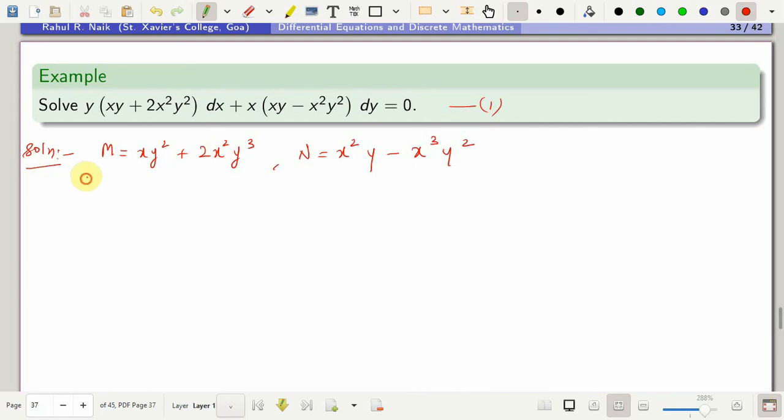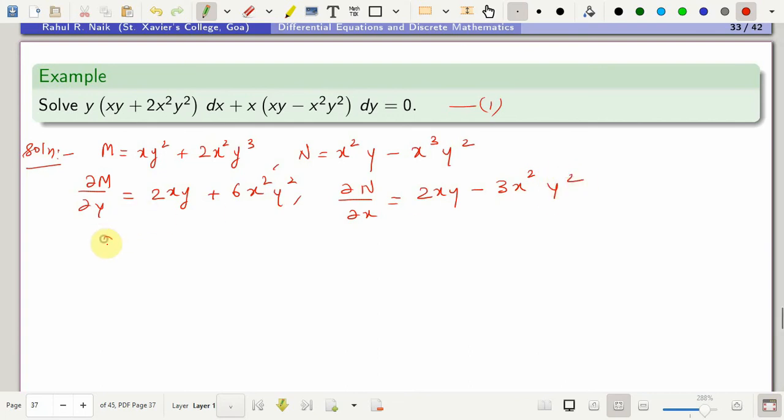If I differentiate m with respect to y, I get 2xy plus 6x square y square, and if I differentiate n with respect to x, I get 2xy minus 3x square y square. So we see that dou m by dou y is not equal to dou n by dou x, hence the given equation is not exact.